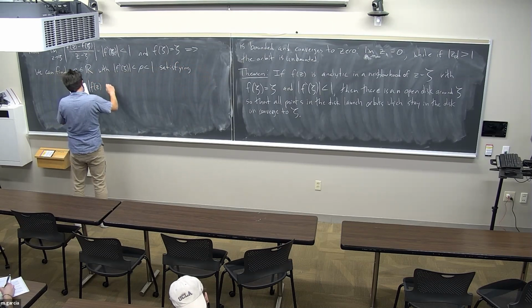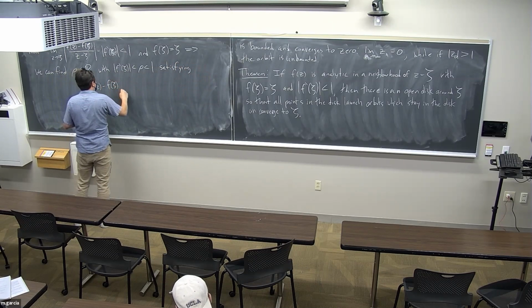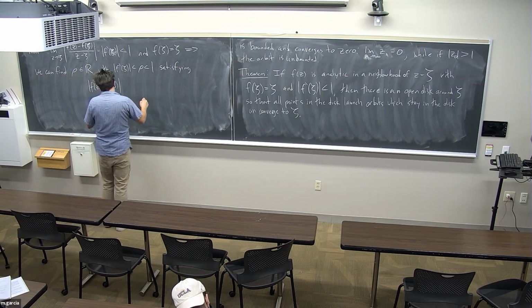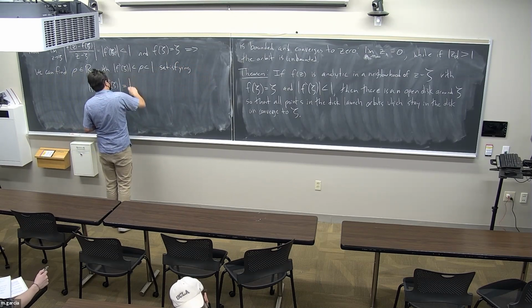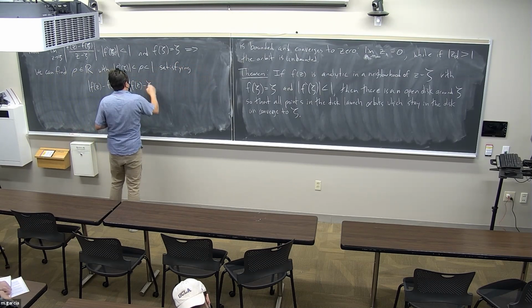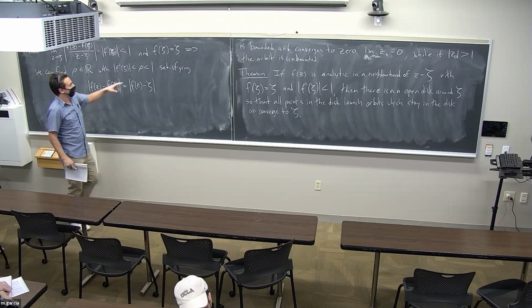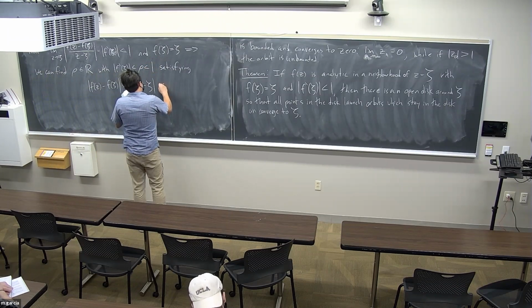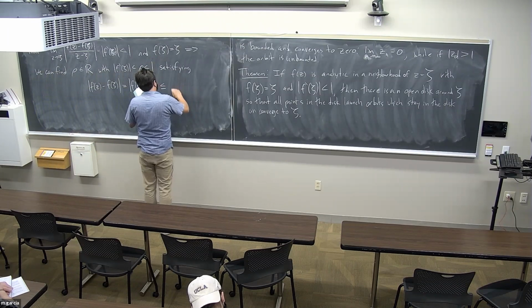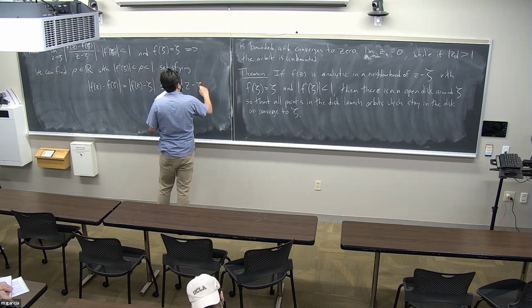The modulus of f of z minus f of zeta, which is just equal to the modulus of f of z minus zeta, right? I'm just using my hypothesis here of equality, is less than or equal to rho times the modulus of z minus zeta.